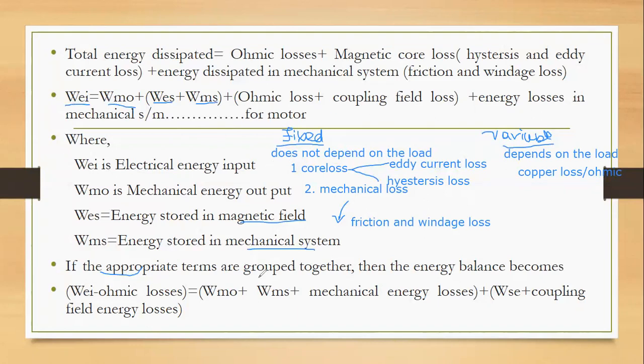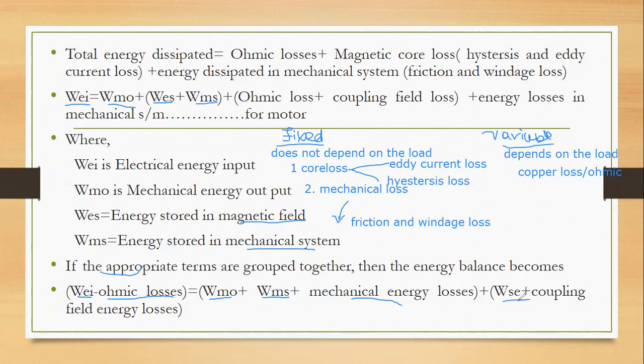So when we group the appropriate terms together, the electrical input minus the ohmic loss, which is the variable loss, will be the mechanical output, plus the energy stored in the mechanical system, plus the losses. So we cannot obtain only the output, but we have to also consider the losses plus the stored energy.